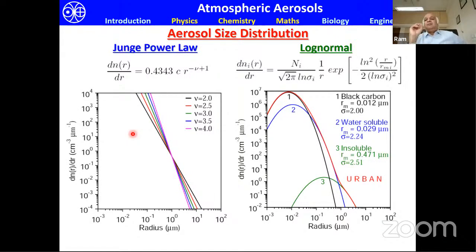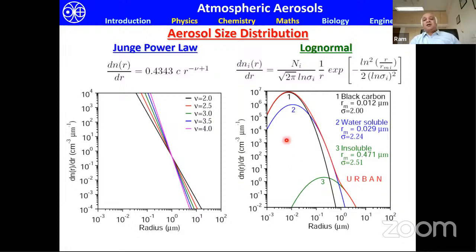Now, one of the major drawbacks in this distribution is that this may be applicable to one type of species, one type of particle, namely sulfate, nitrate, or black carbon. But when the atmosphere has all the components present together, then it becomes difficult to categorize this using this size distribution.